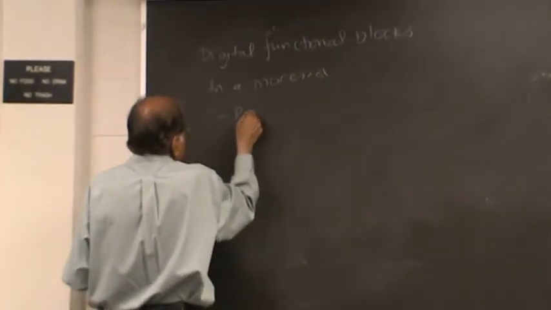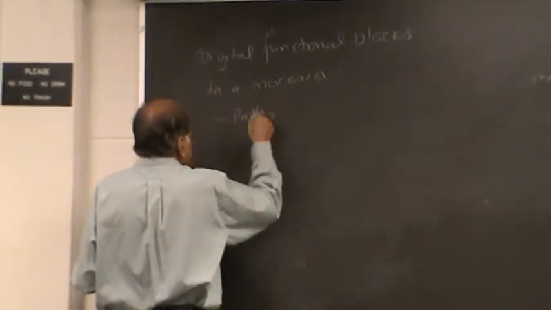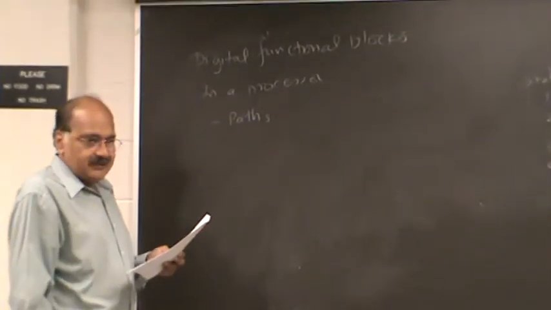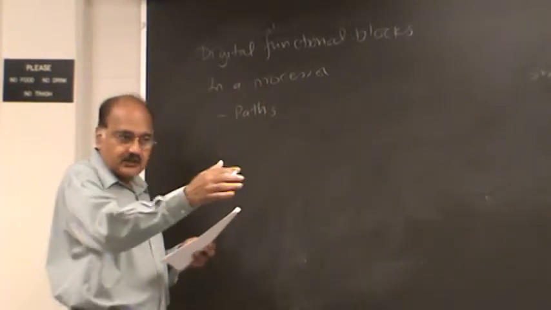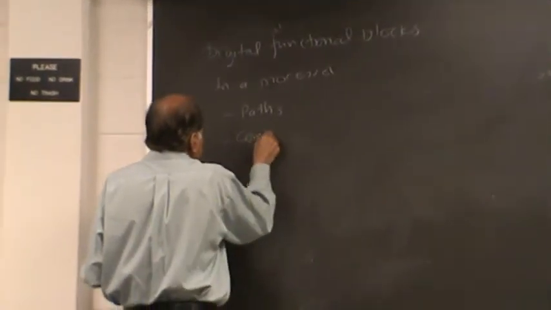So in a processor, you will find some parts. And that means lines, buses, networks, things like that, through which information moves. And then you have combinational blocks.